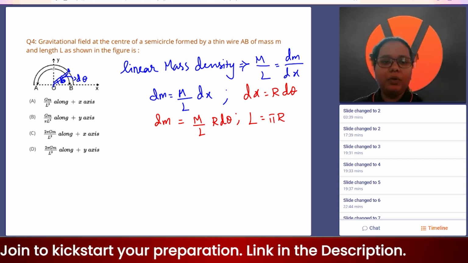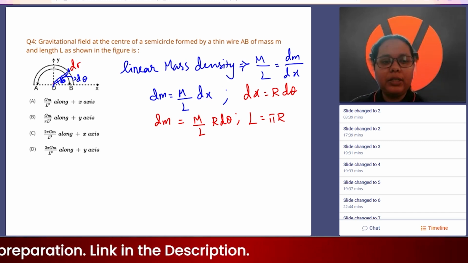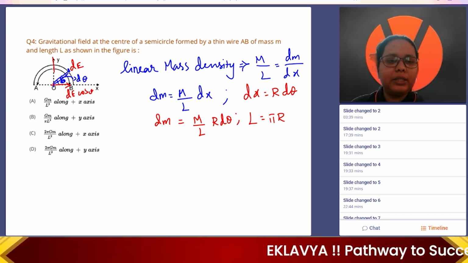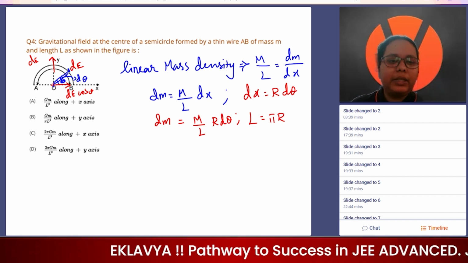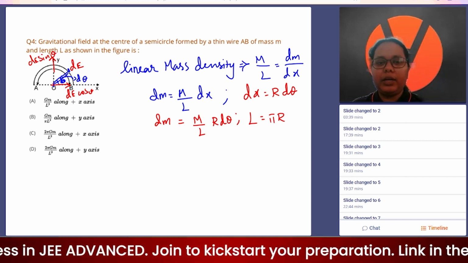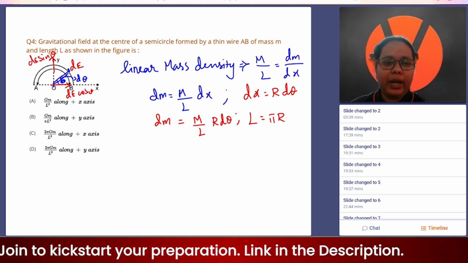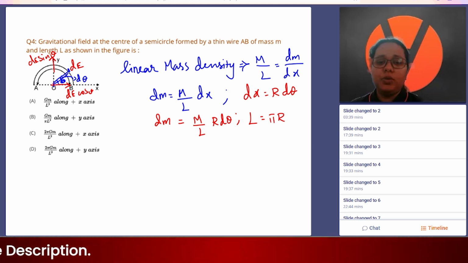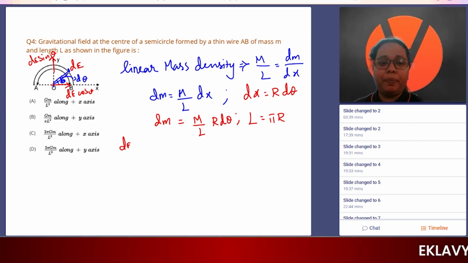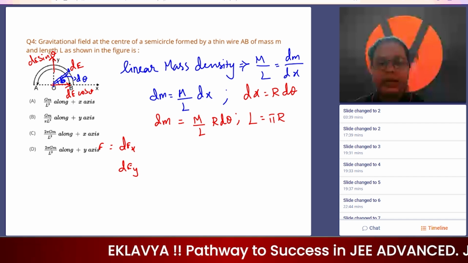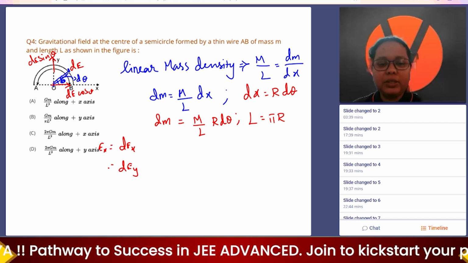Now you can resolve dE into components: dE cos theta and dE sin theta, the x component and y component. Here the angle goes from 0 to pi, so you need to find dEx and dEy, which means Ex and Ey.